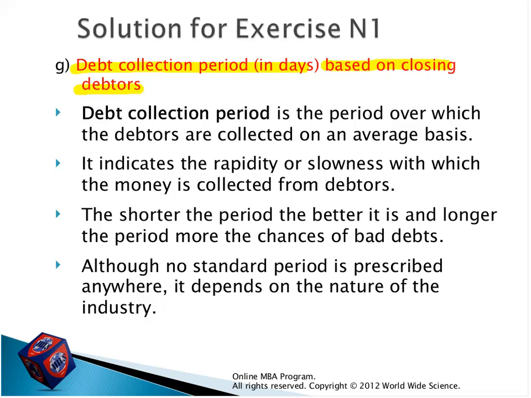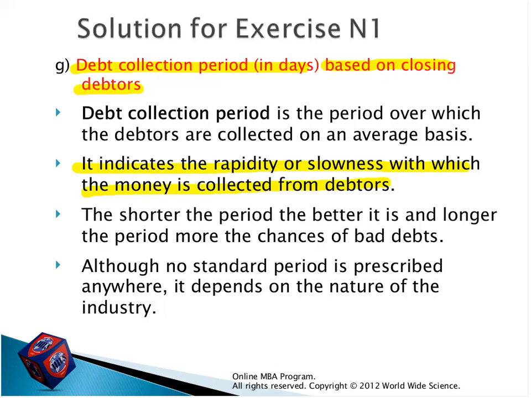The debtors might be customers or partners to whom we have made some sales on credit, for example, or who have made some prepayments only. As well, it indicates the rapidity or slowness with which the money is collected from the debtors. So the faster we can collect our money, the better for the organization.